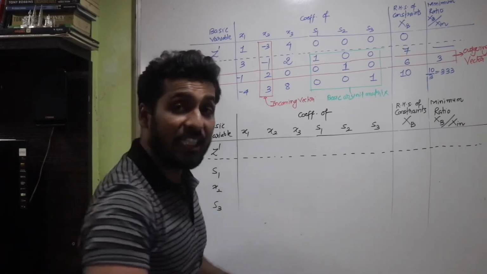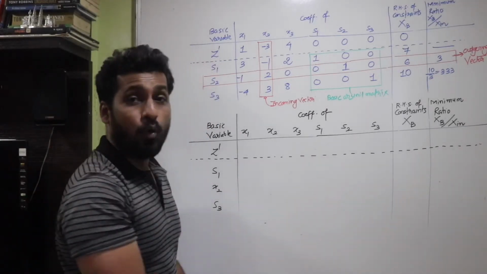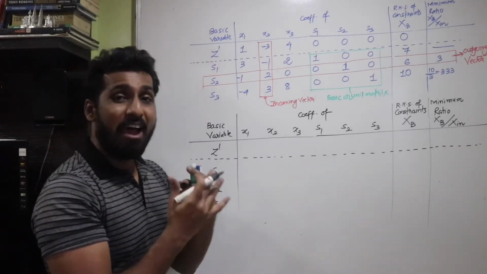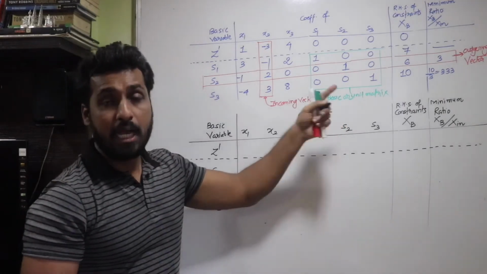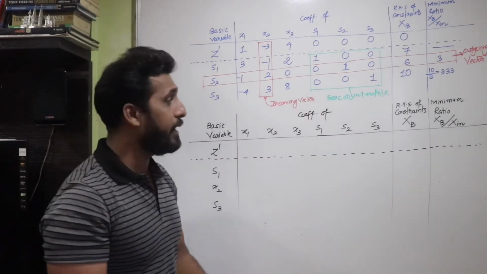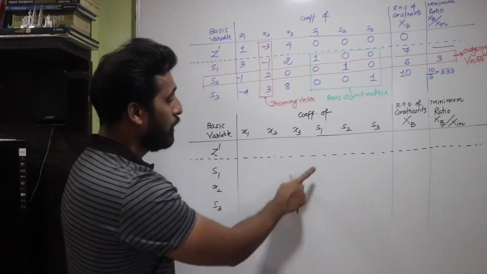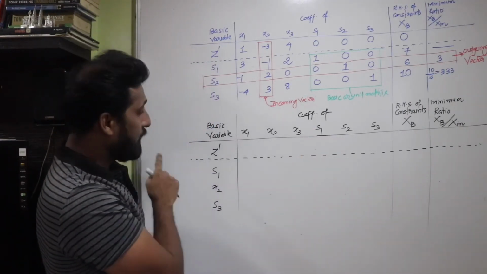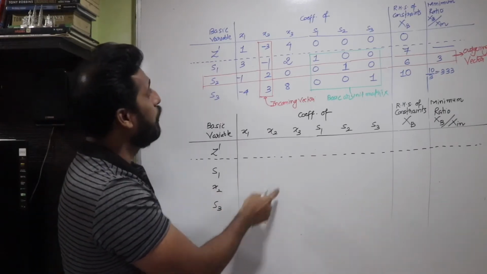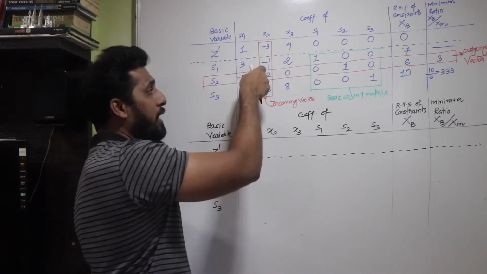S1 has to look like 1 0 0, because the basic variables have been brought from the basic matrix, and the basic matrix is a unit matrix. The first variable is S1, so it is 1 0 0. X2 is the next one, so 0 1 0. So X2 is right now -1, 2 and 3.